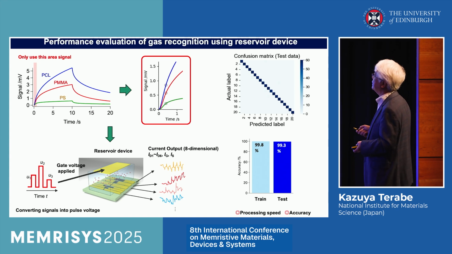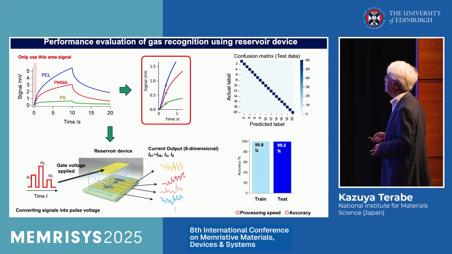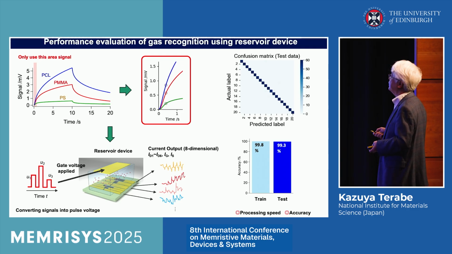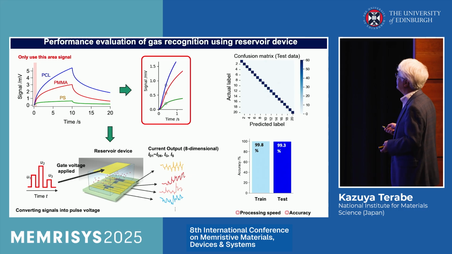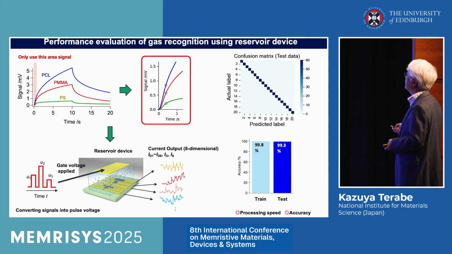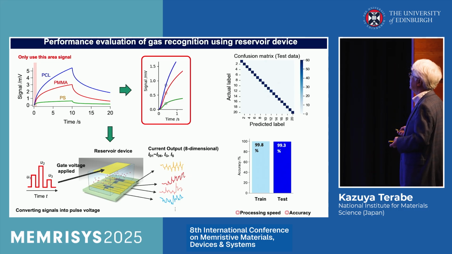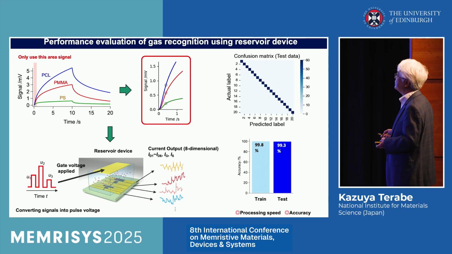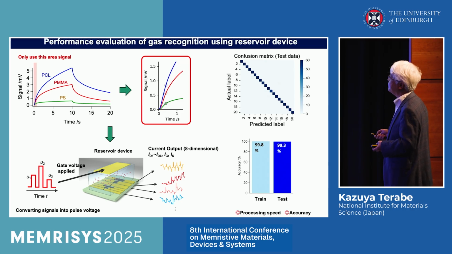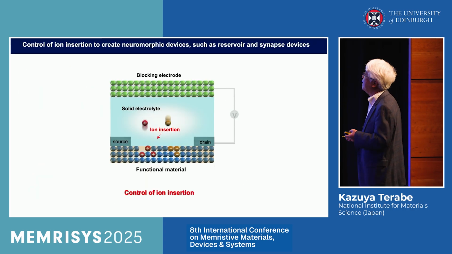This data is input to the reservoir devices like this, and this is the output signal. The accuracy is almost 100%. It is very good accuracy, and the processing speed is also very high because of the very simple device system.